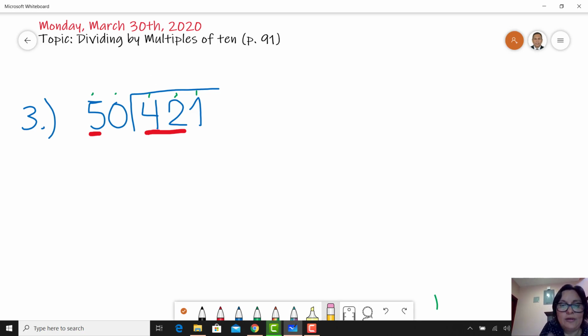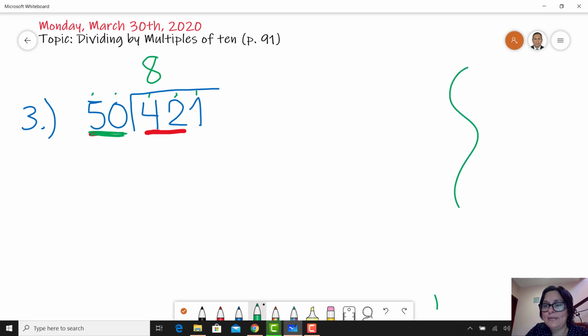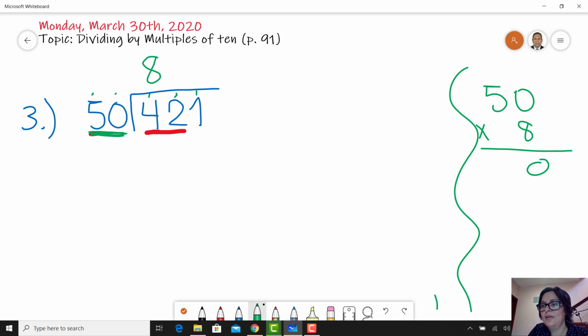Let me use another color. Number 8. But now remember that we have to multiply number 8 times 50. So let's do it apart. 50 times 8. 8 times 0, 0. 8 times 5, 40.